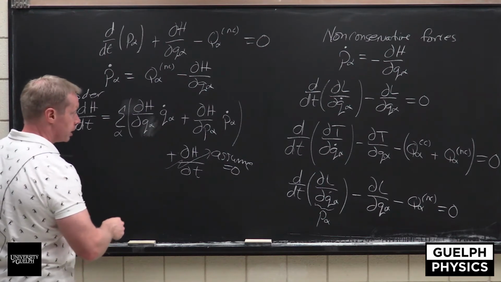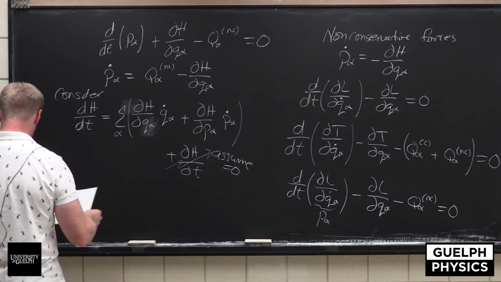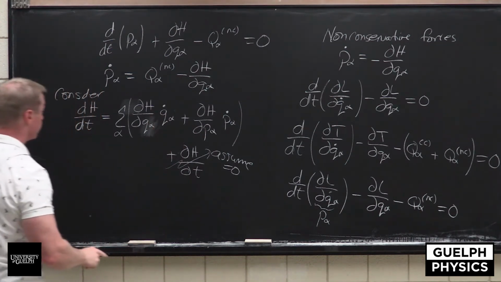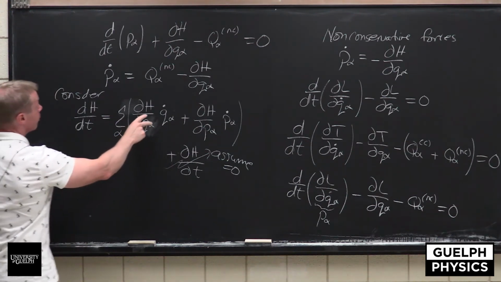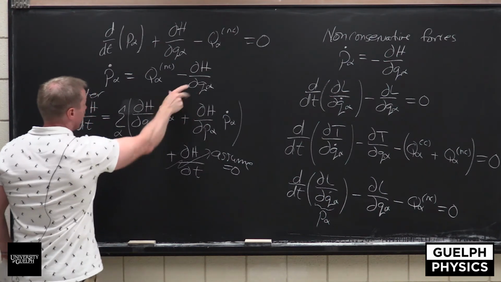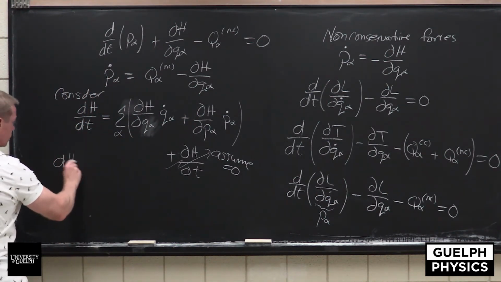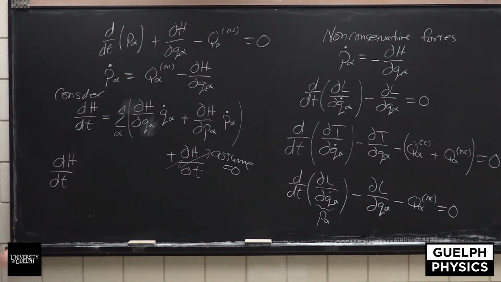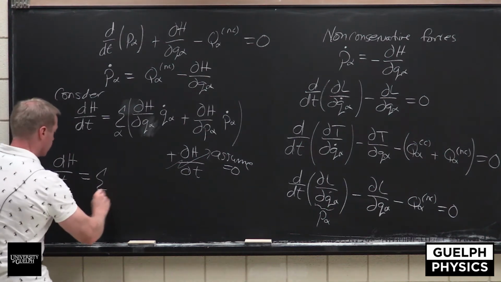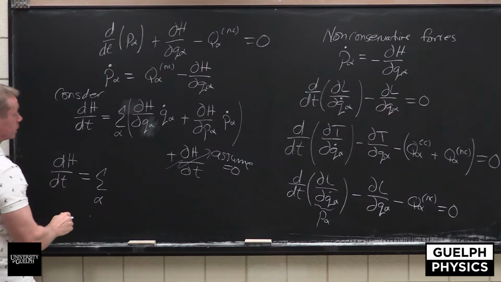And there's one more equation that I need. Oh no, I think I have everything I need here. I can start making substitutions. So ∂H/∂Q alpha, I can substitute in here. So my total time derivative, dH/dt, is the sum over alpha, and now I make this substitution.